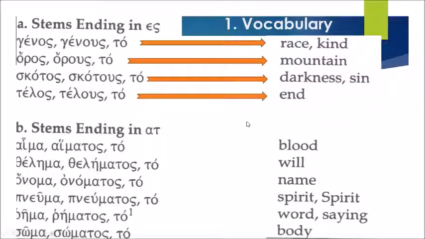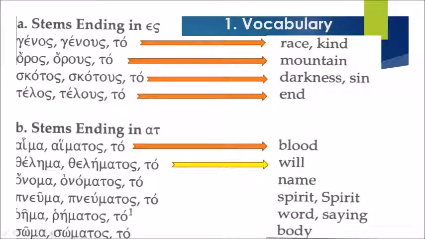Okay, next, we have stems ending with alpha-tau. You have the word haima, haimatos, which means blood, like in hematology. We have also the word thelema, and the GA is thelematos. It means will. Next, onoma, onomatos.